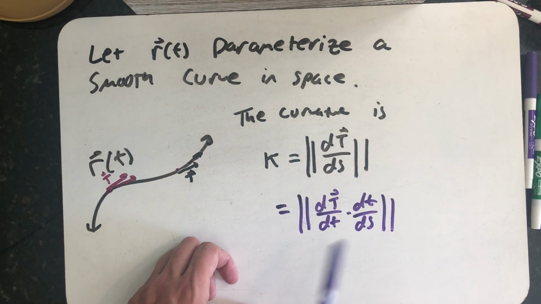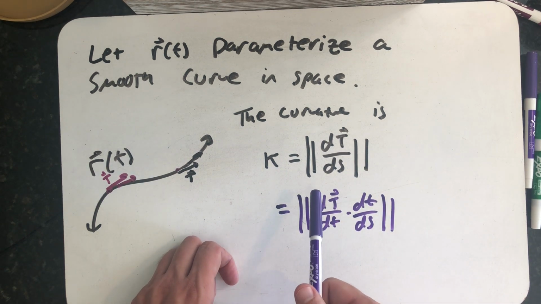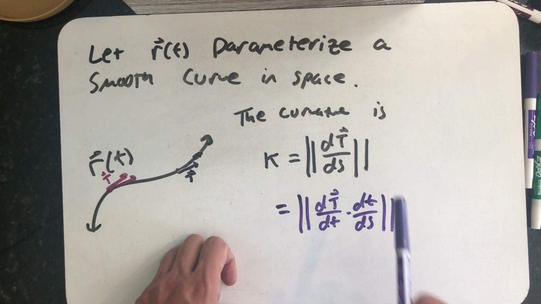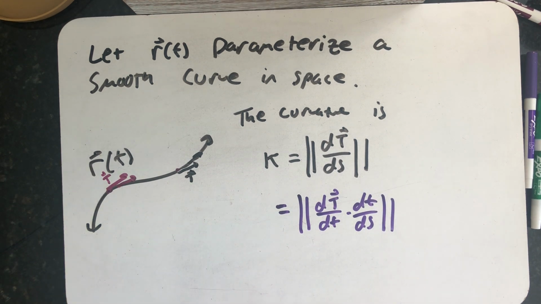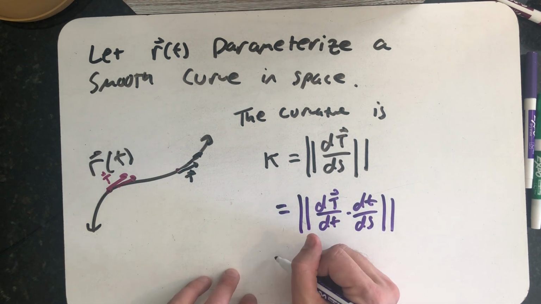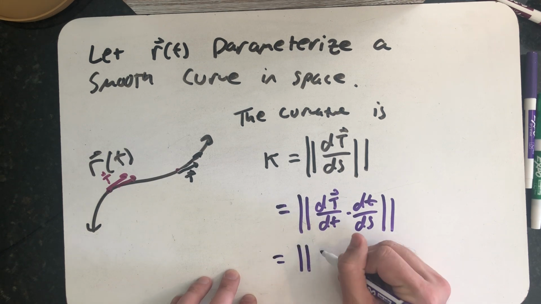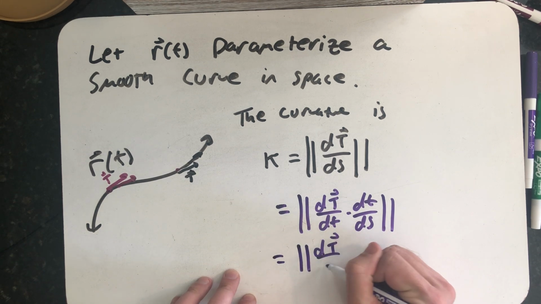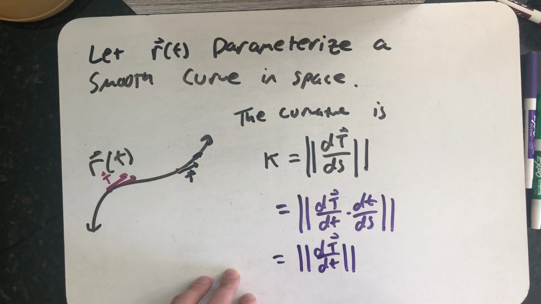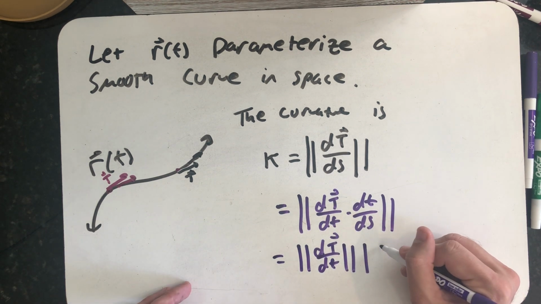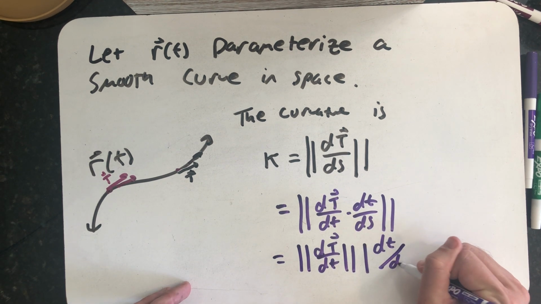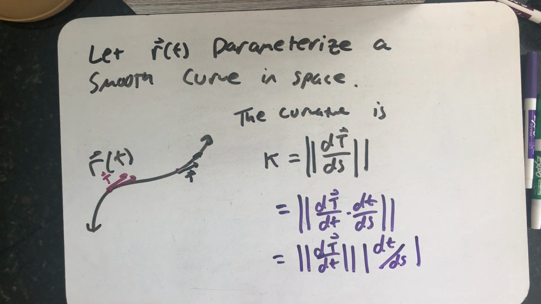This derivative, because of the chain rule, is the same as the derivative of big T with respect to t times dt/ds. All right, well, that dt/ds is a scalar function. So it can pop out of my magnitude bars and be in just regular absolute value bars. And I recognize dt/ds as the reciprocal of ds/dt, which is speed.